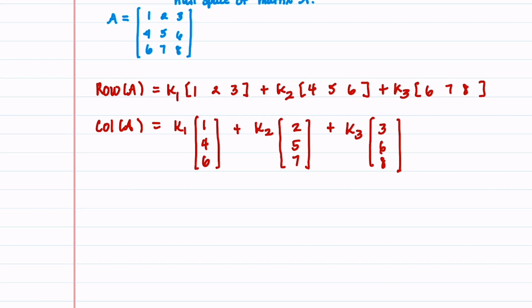The null space of A is all solutions X to AX is equal to 0. So the null space is going to take more time to compute than the row space and the column space.